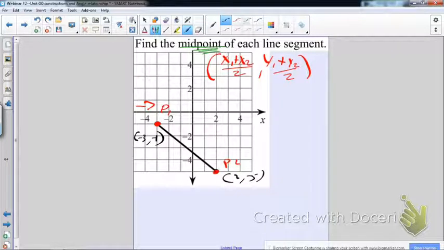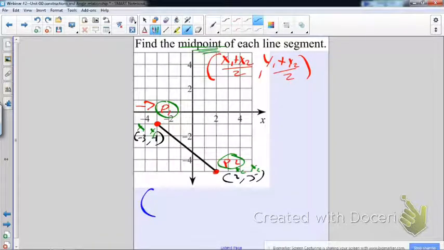Now I'm going to go through it again. I have to know where they belong. So I'm going to label this x1, y1, because they belong with point 1. I'm going to label this x2, y2, because they belong with point 2. Now I'm just going to substitute everything that I know into the formula.